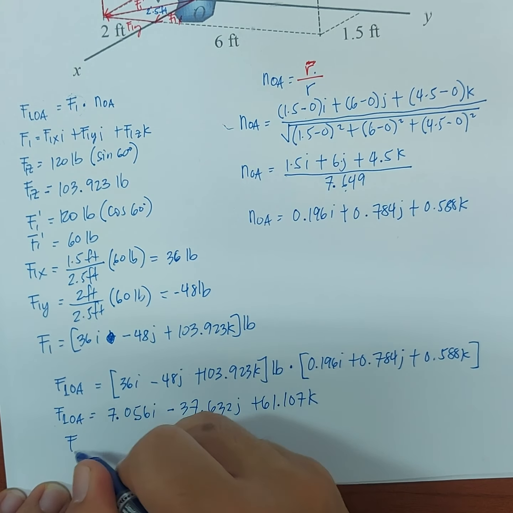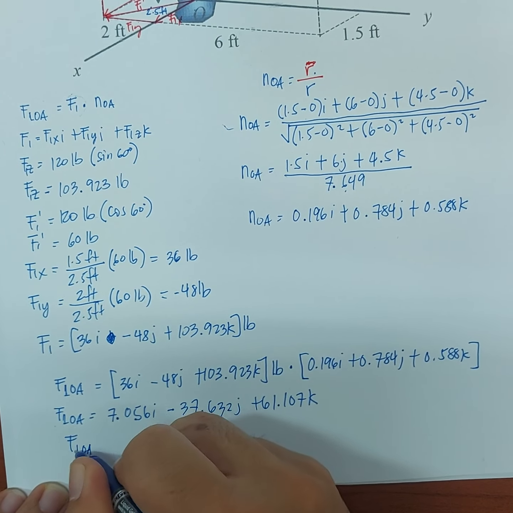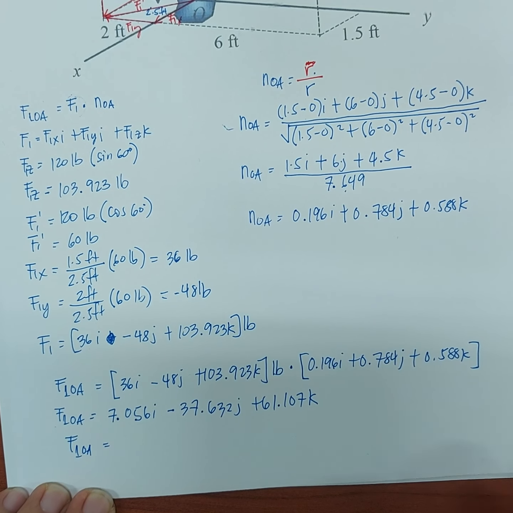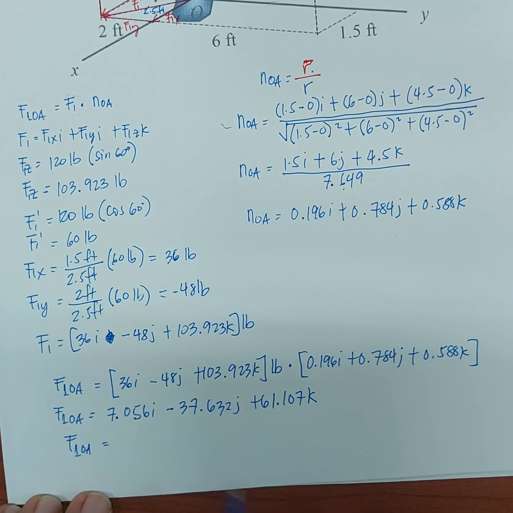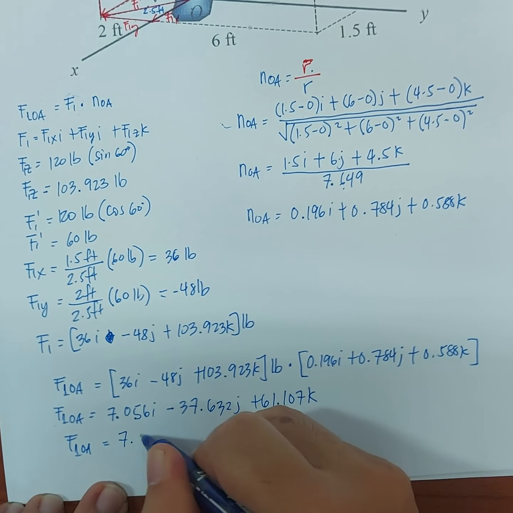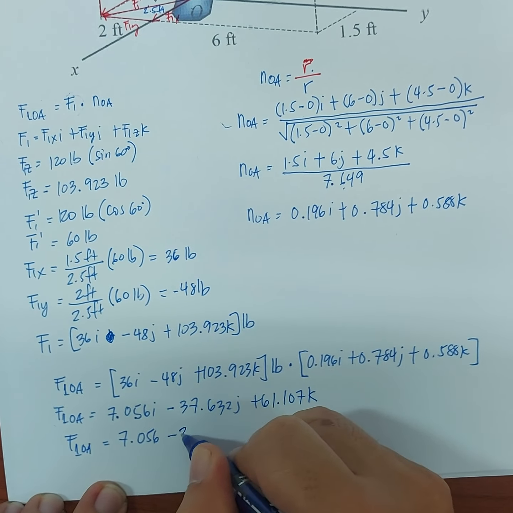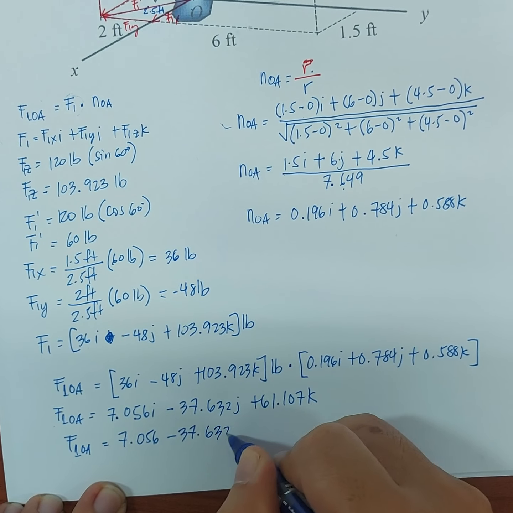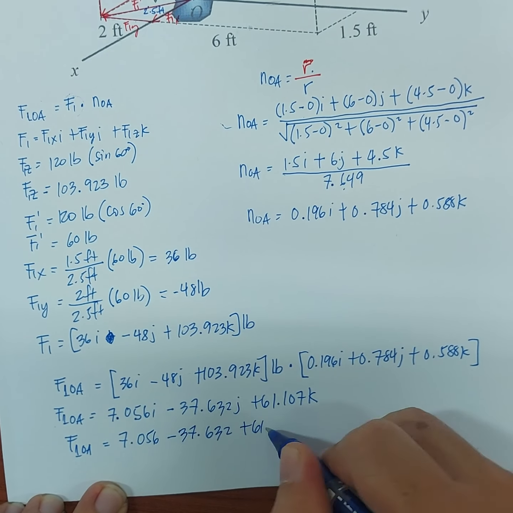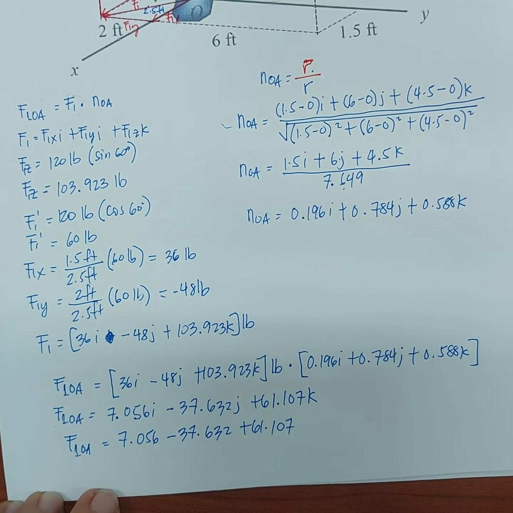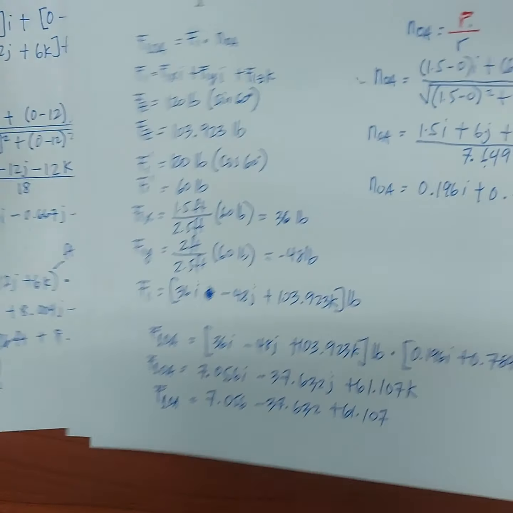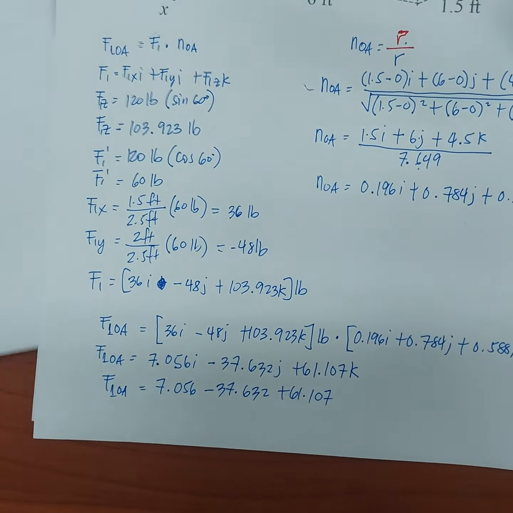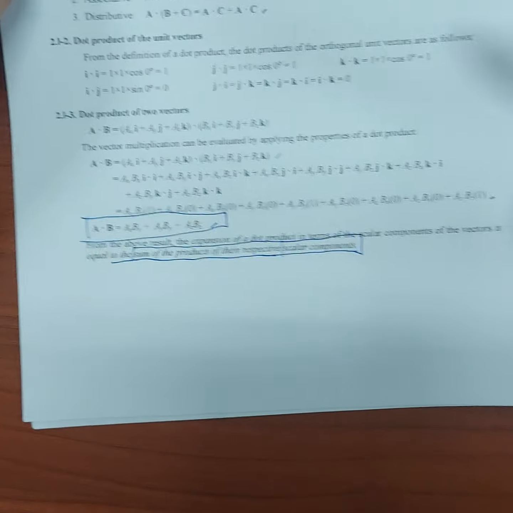So, F1OA is equal to 7.056 minus 37.632 plus 61.107. Okay, so, going back, baka nakalimutan nyo na ulit yung principle natin in performing dot product.